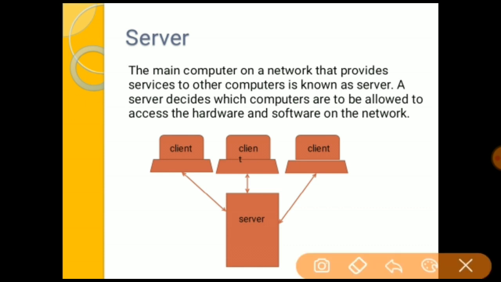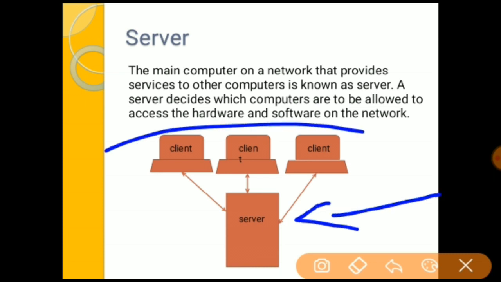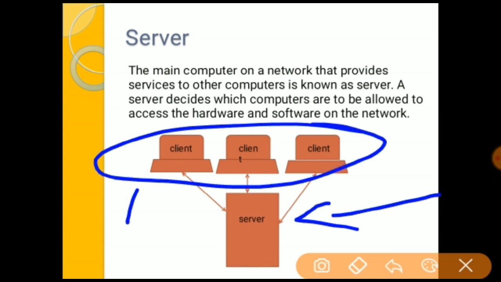Here you can see the picture. We have one server and three clients: client 1, client 2 and client 3. The server gives service to the different clients very easily, but these clients do not have any kind of relation between them. They are directly connected with the server only.